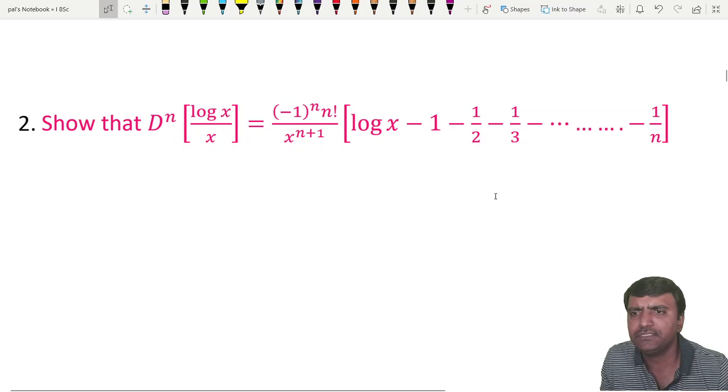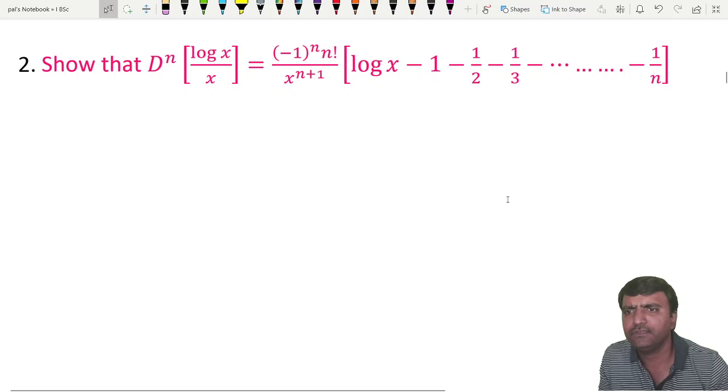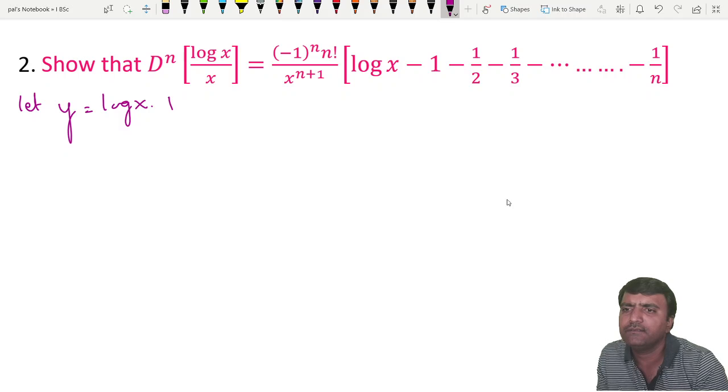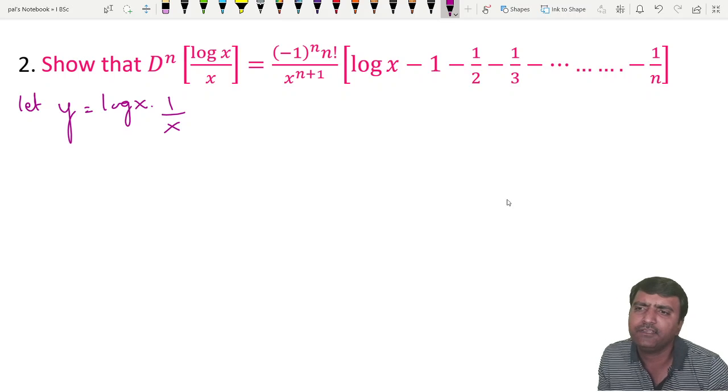The nth differentiation of log x by x. Here also we use our Leibniz theorem. So let y is equal to log x by x, or you can write log x into 1 by x.